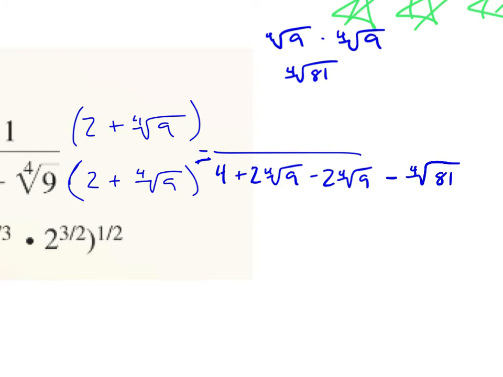In the past, we've done this with square roots. So we said, oh, they just cancel each other out. We're just left with the whole number underneath. But here, since it's the 4th roots, they don't just cancel. So let's simplify our denominator. So we have 4. What happens to the 2 4th root 9 minus 2 4th root 9? Cancel. And then let's see what the 4th root of 81 is. So what are our factors of 81?